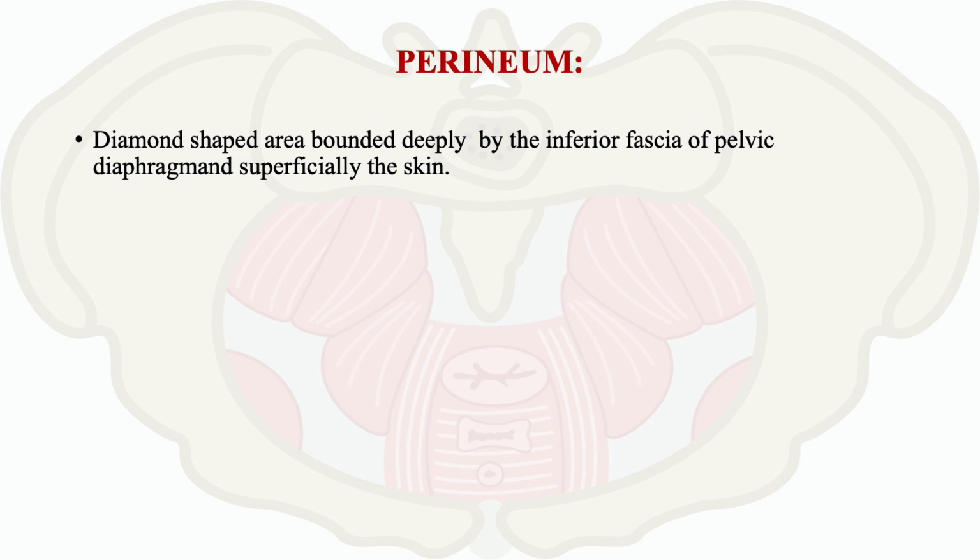Now what is perineum? Let us understand more about the perineum. Perineum is a diamond-shaped area bounded deeply by the inferior fascia of the pelvic diaphragm and superficially by the skin.